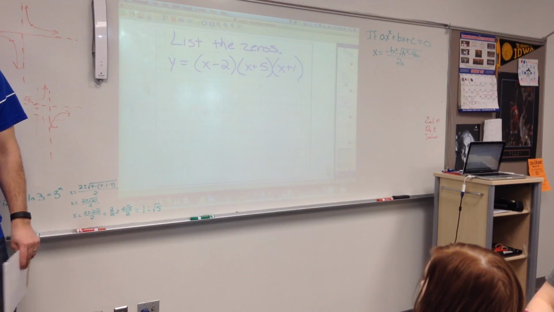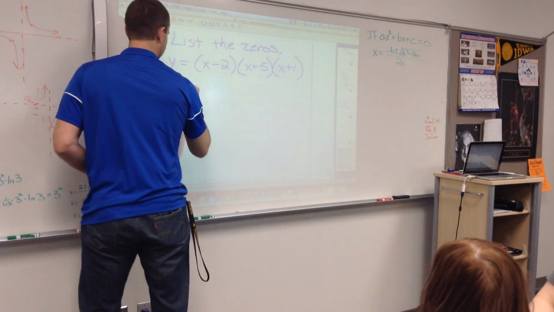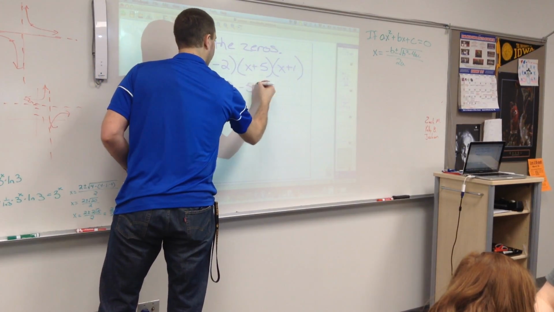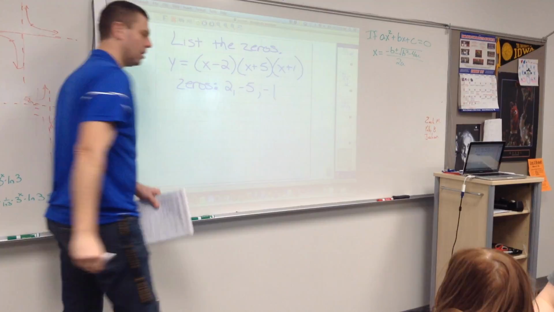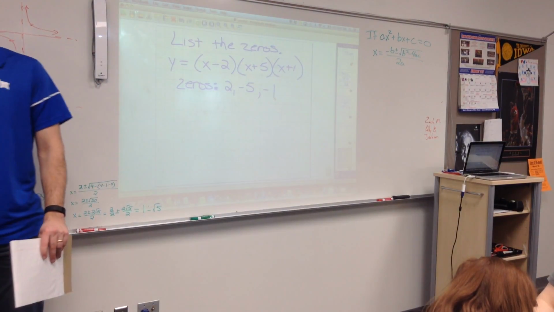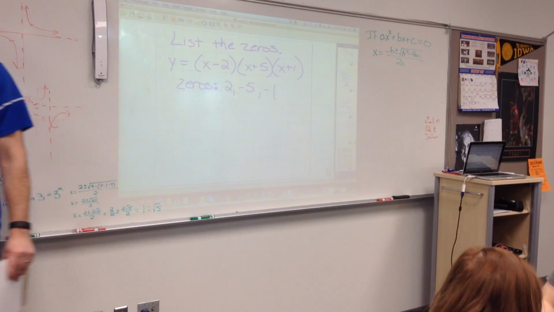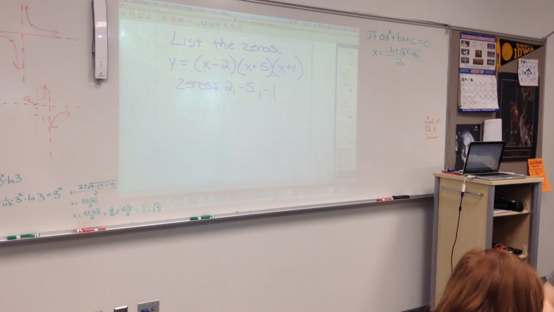My zeros are 2, -5, and -1, because those are the x values that would make the polynomial equal 0. Those are the places where it would cross the x-axis, okay?